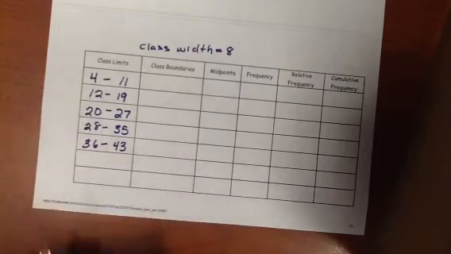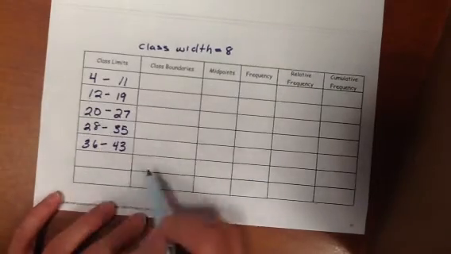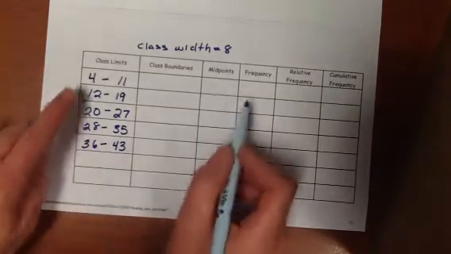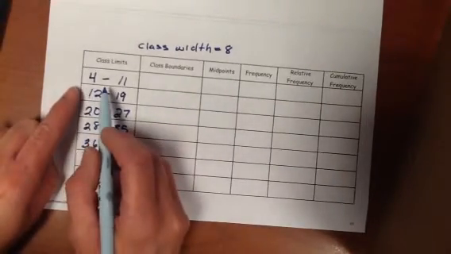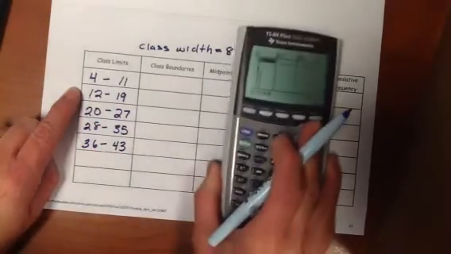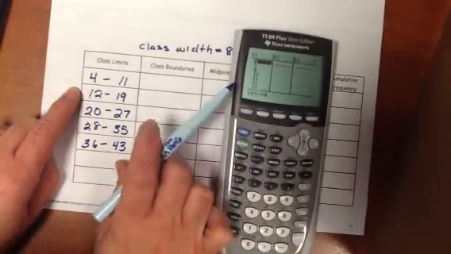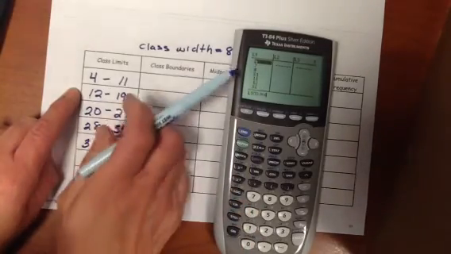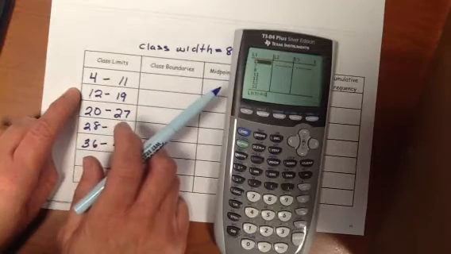The two main columns in our frequency table are the class limits and the frequency. So, to get the frequency, we want to count how many students live between 4 and 11 miles from campus. If you remember in the last video, we sorted the data on our calculator. We can now count how many are between 4 and 11.